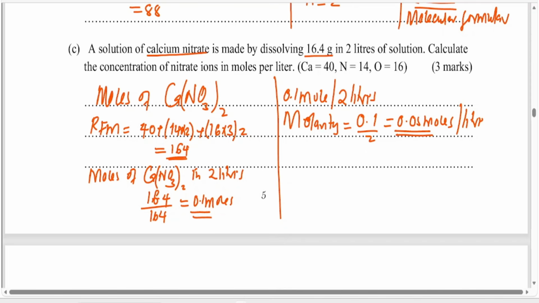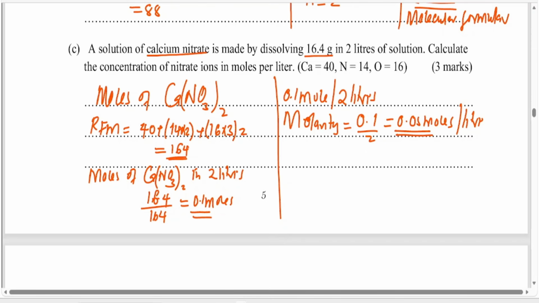So now that you have the molarity of this solution, we can determine the concentration of nitrate ions in moles per liter.